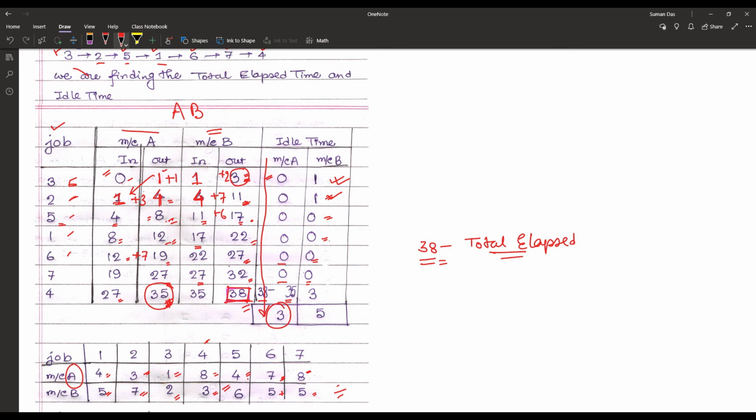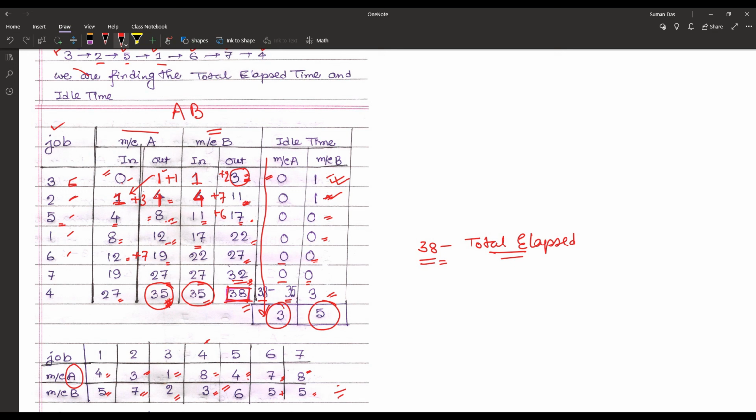Now look at job 4. In job 7, machine B ended at 32 units of time, but it has to start at 35. So what is the waiting time? That is 3 units of time. So for the complete problem, machine B has 1 plus 1 plus 3, 5 idle time.